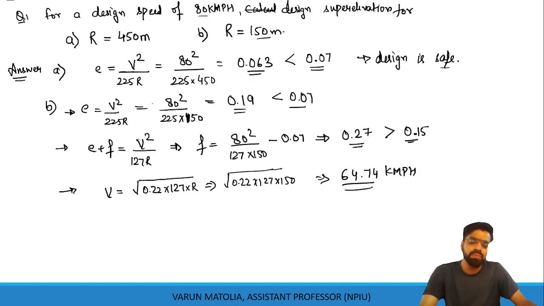So this should be the design speed, or the speed with which we will design all the features. So this is how we will design the super elevation to be provided on the highway.